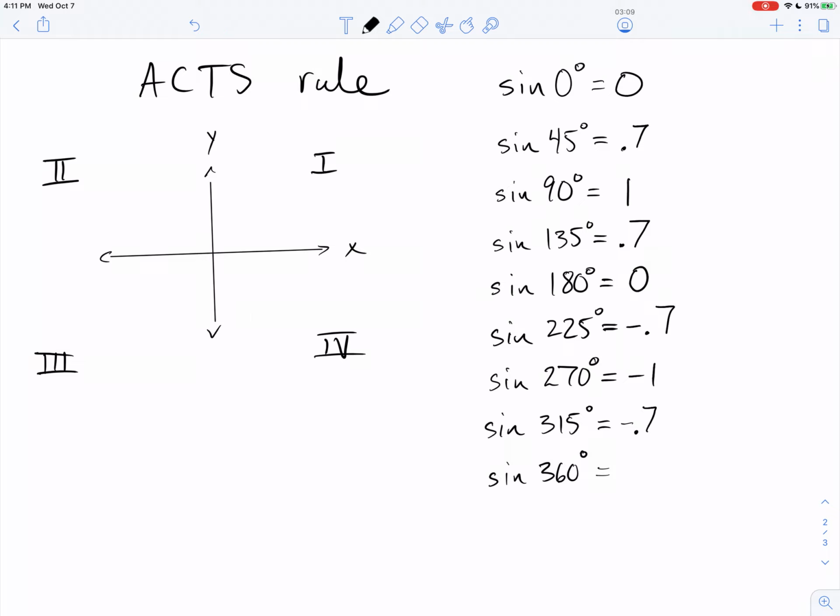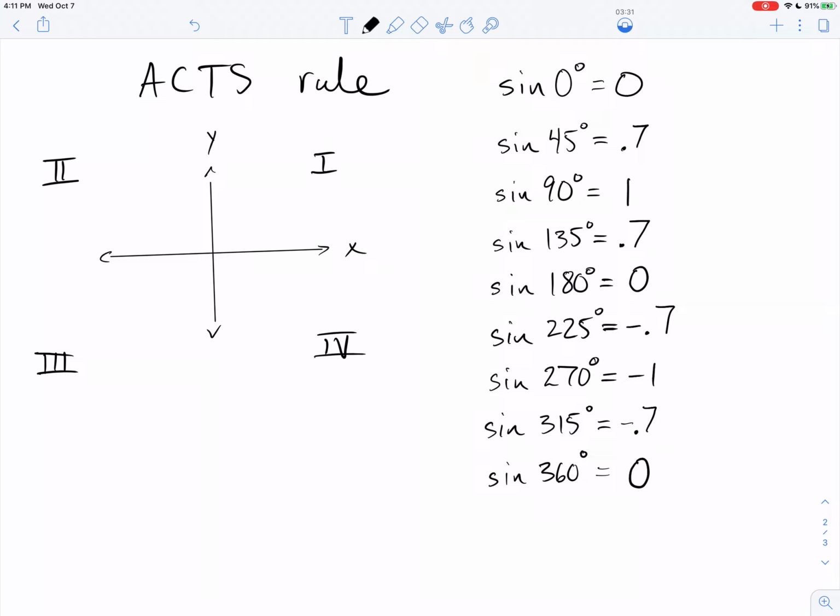They both end in the same exact spot as each other. So that answer is 0. And I picked angles that are multiples of 45 just so I could get this done quicker. I could have picked 30s, 45s, 60s. I could have picked anything.